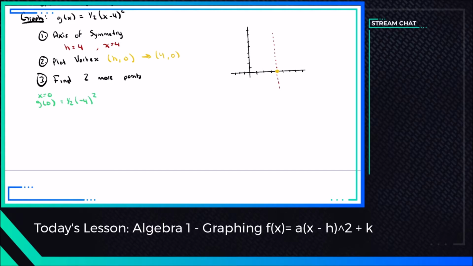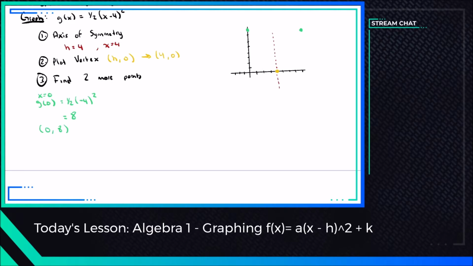Negative 4 squared is 16, and that is going to be equal to 8. So one of our points is going to be at the coordinate 0 comma 8. So we're all the way up here. And because this is the axis of symmetry, we also know we're going to have a point over there.